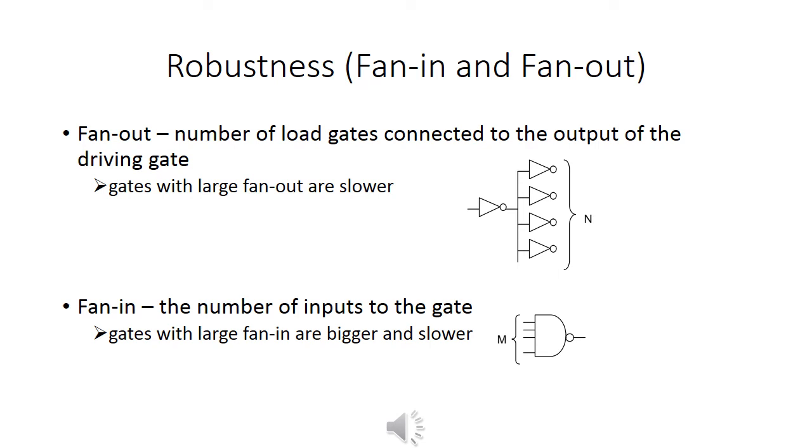Another important factor that disturbs the robustness of any system is fan in and fan out. The fan out denotes the number of logic gates that are connected to the output of the driving gate. Increasing the fan out of a gate can affect its logic output levels and performance as well.